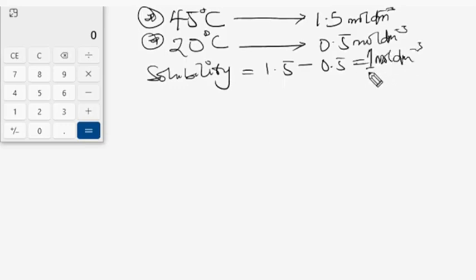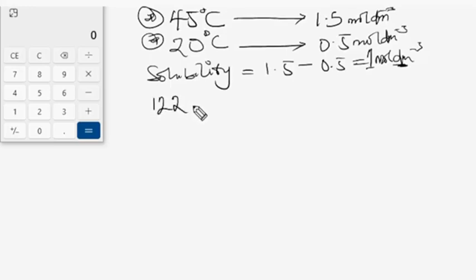Now that we've established that for each dm cube we have 1 mole, we want to know the mass of 1 mole of this substance as well, and that will be the molar mass. The molar mass has already been given to us in this question.